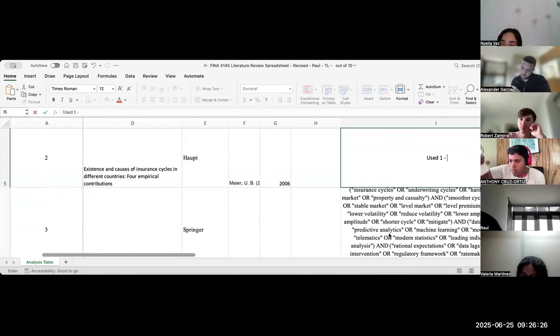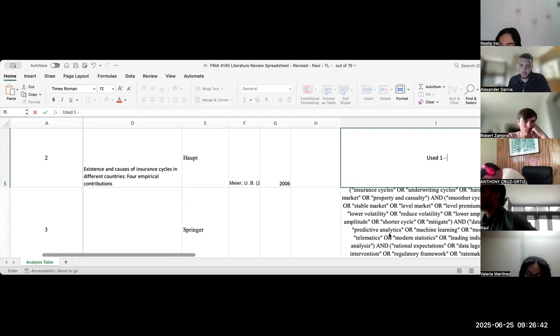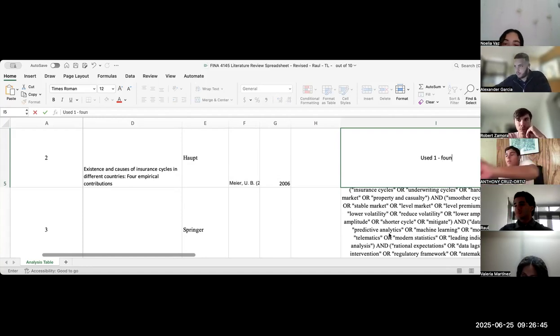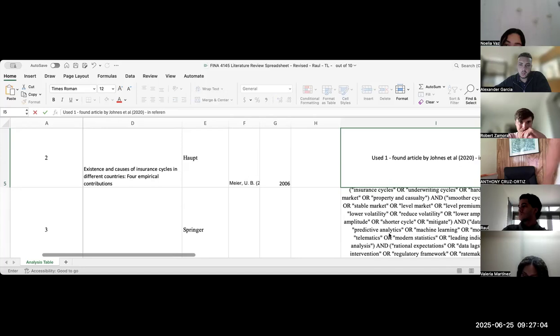This is all a journal for you of how you found papers, okay? Because I'm not requiring you to do a systematic review, but it's good to keep a record, to keep your head straight, because you're going to read so many papers, where you got them from and how they tie together. So used 1, found article by, and you can put, Jones et al. 2020, then in bibliography or in references found.